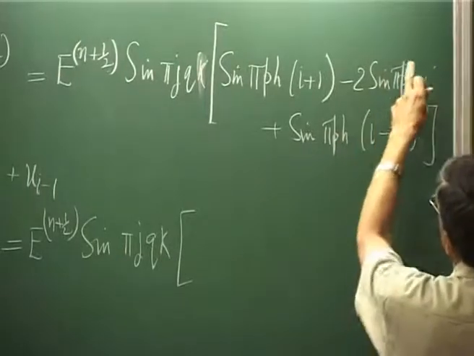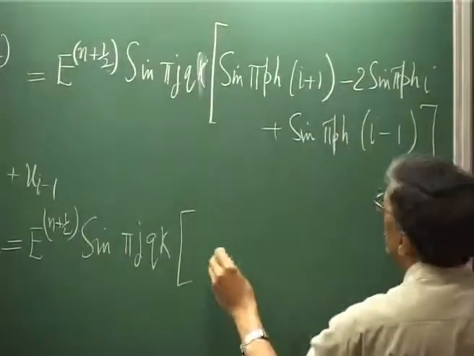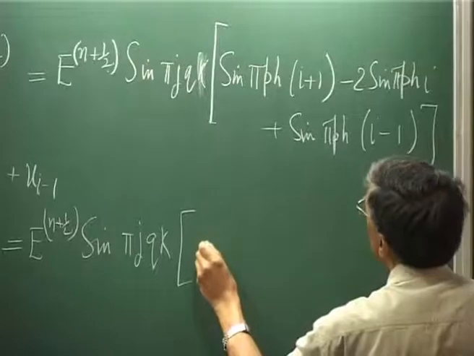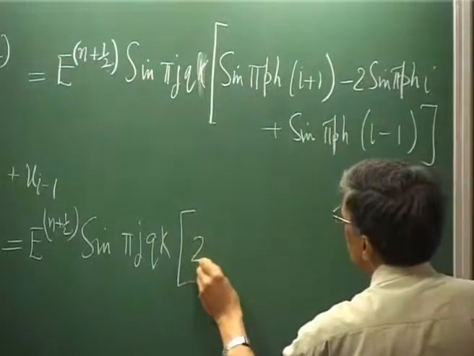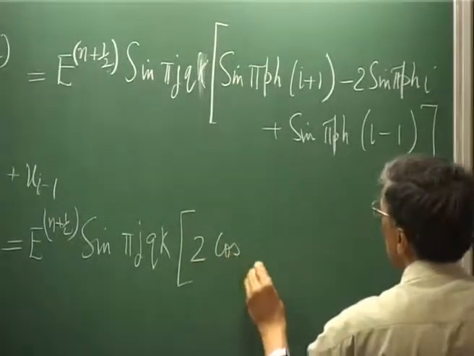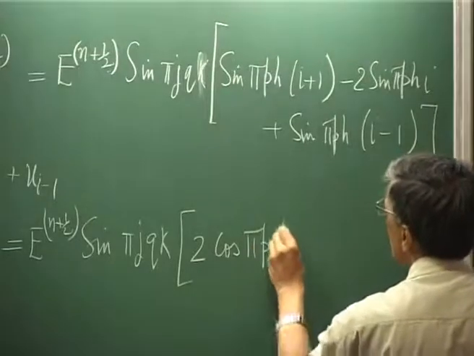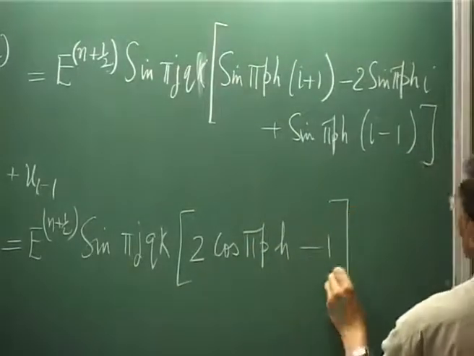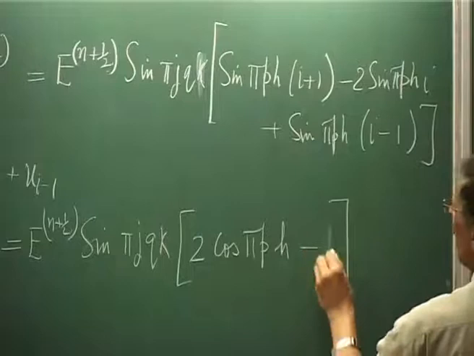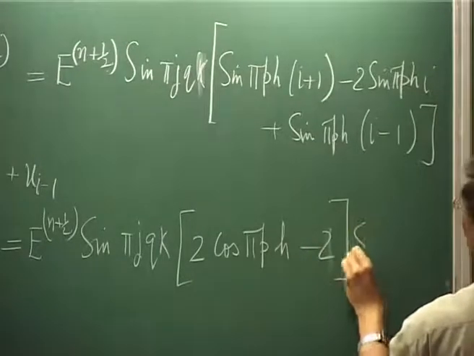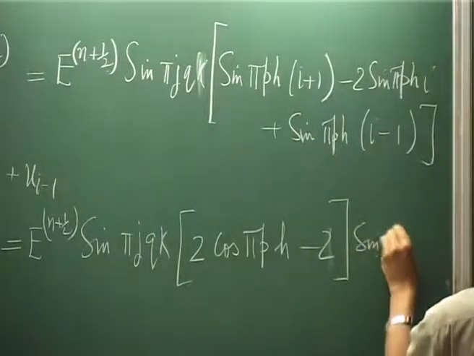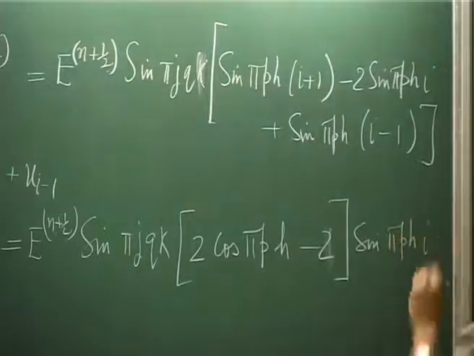So, basically I can pull out this factor, and then I will get 2 cos pi phi minus 1 into minus 2 into sin pi phi, right?